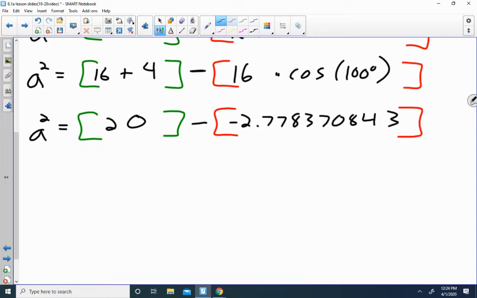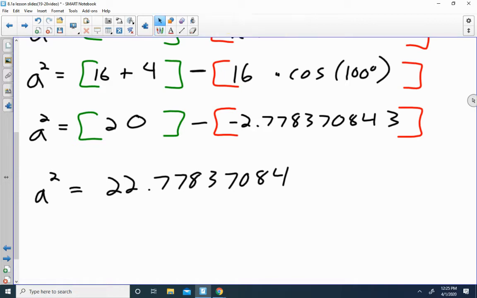Again, use that whole thing. So now, we got to do 20 minus that negative. If you want to change that to plus positive, you can. However you do it, 20 minus a negative or 20 plus positive, you should get 22.77837084. And that is a squared.